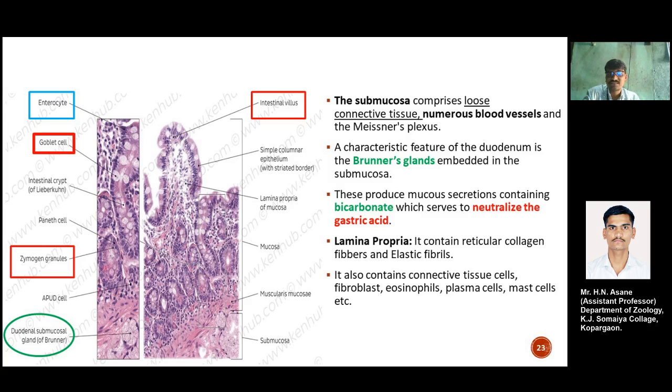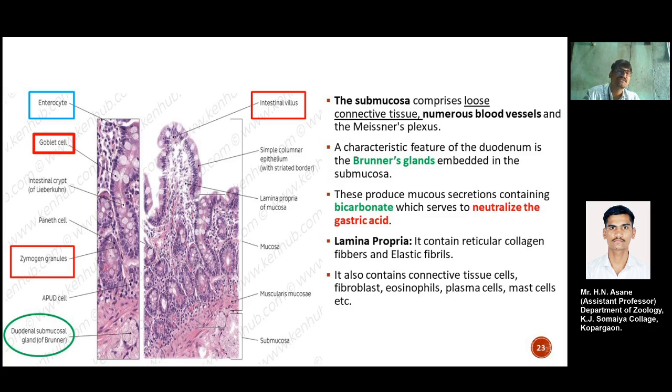So as you can see here, the enterocytes, which we saw in the second slide, the enterocyte cells, are present in these intestinal villi. Here is the lamina propria of the mucosa. These whitish spherical enterocyte cells are present.